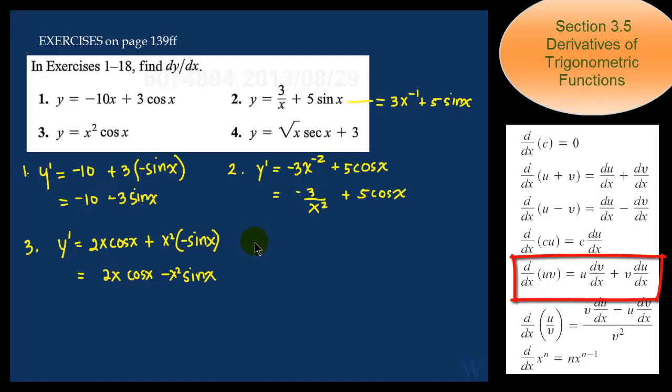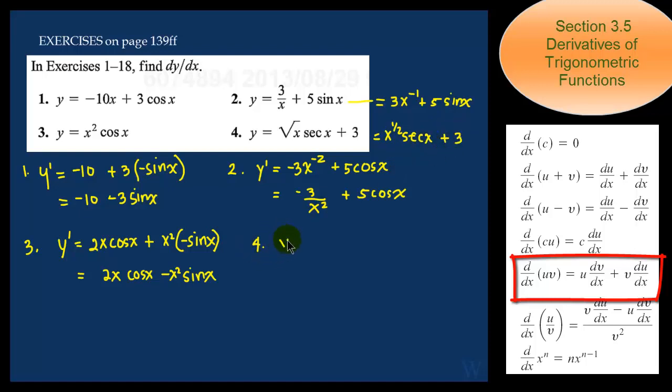Now in number 4, first of all, let's rewrite this as x to the power 1/2 times secant of x plus 3.